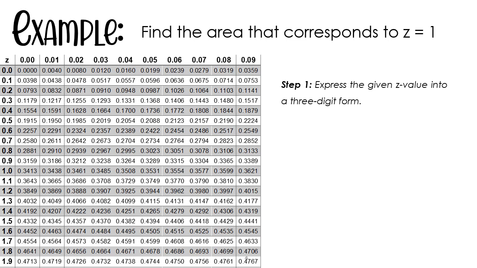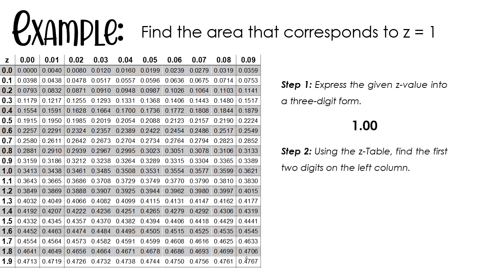Therefore, positive 1 will become 1.00, because we have to get the last two digits in order for us to determine which column we're going to get our area. For step 2, using the z-table, we have to find the first two digits on the left column.